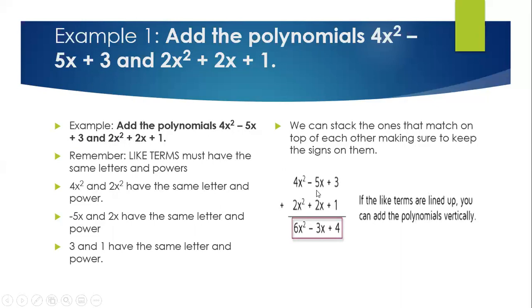That matches. I've got an x and an x. That matches. I've got two numbers by themselves. Those also match. So when I stack things up, I make sure to keep everything lined up so they match, but also keep the signs of everything. So the minus 5 stays a minus 5.